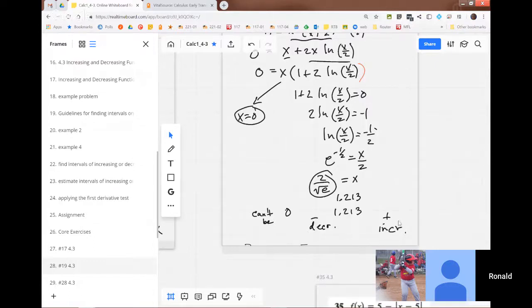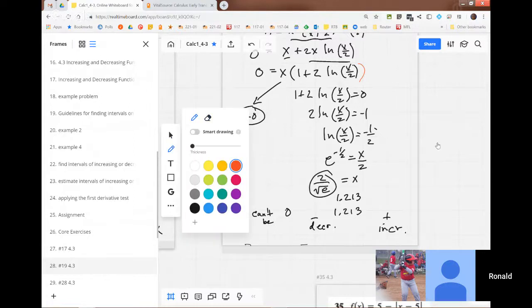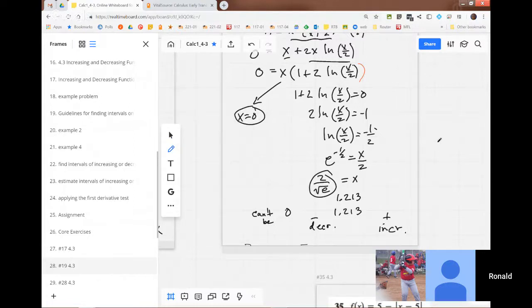I found out it's increasing over here. Formally, I guess I should write it out instead of leaving it like that. I think this is what the book is expecting, that you write it like this.